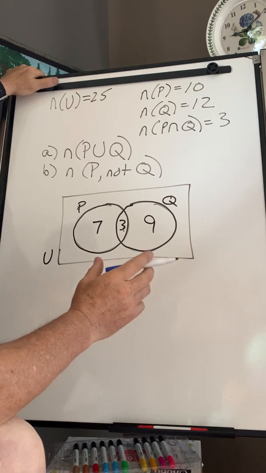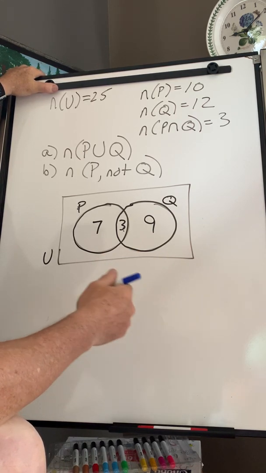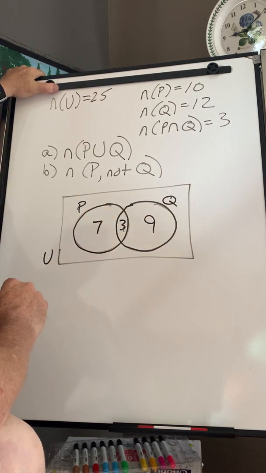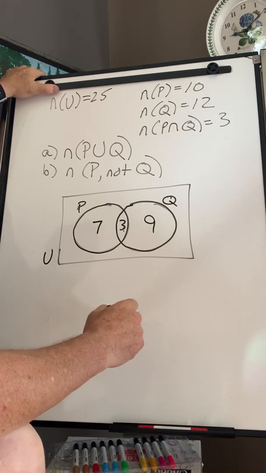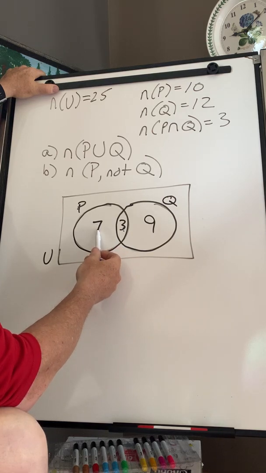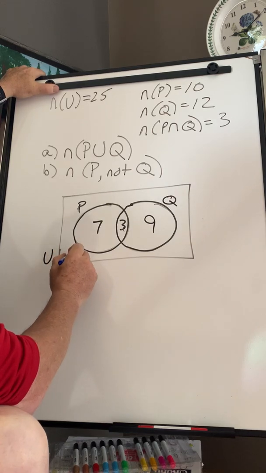Now, next thing, are we done? No, because we got to figure out how many are not in P or Q. That would be the complement of P and the complement of Q. So I've got 9 plus 3, I get my 12, plus 7. That's 19. That leaves me with 6.